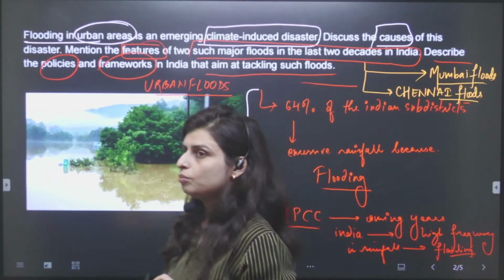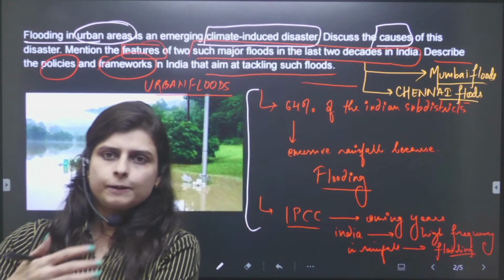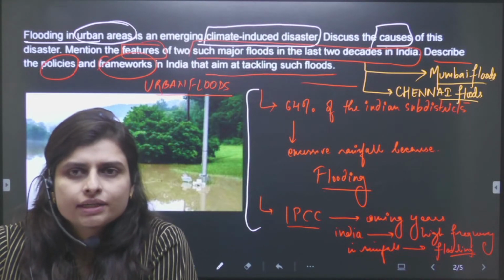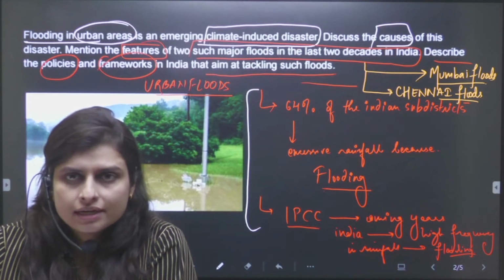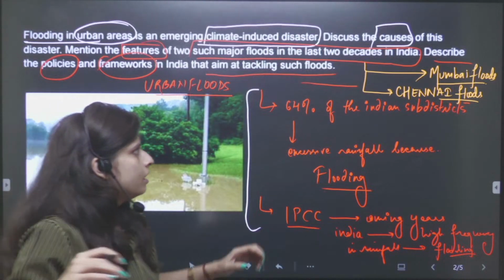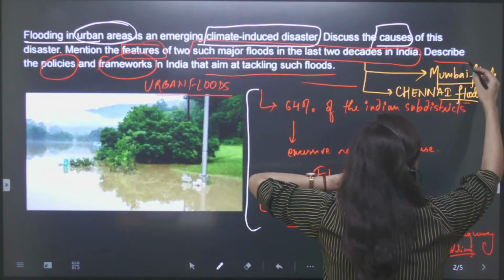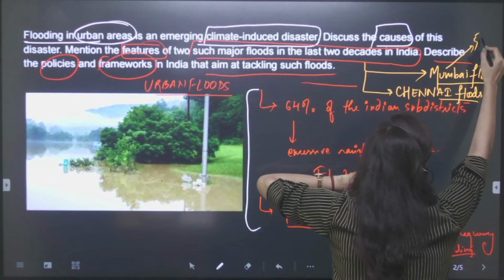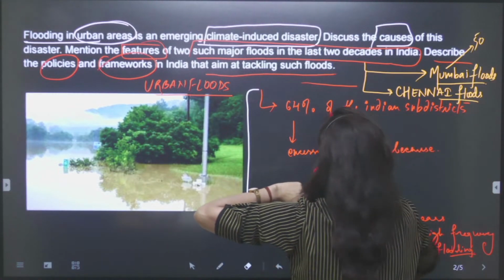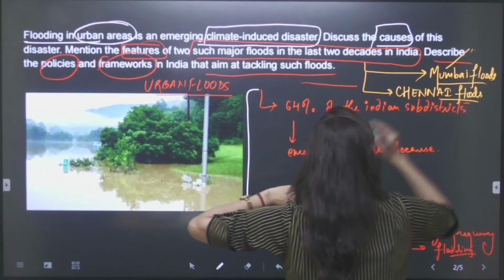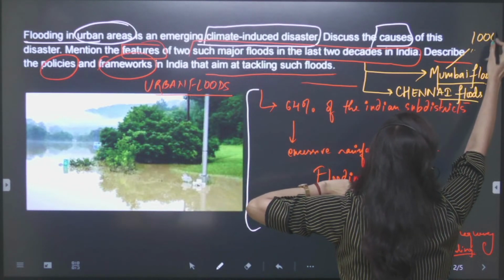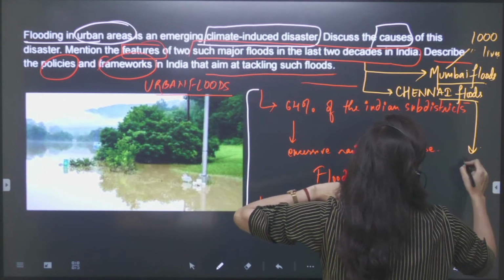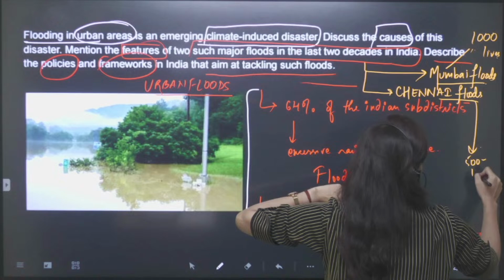Now, both incidences had a very catastrophic impact on the country. Why? Because in both floods, separately, there was close to a loss of 1000 lives here, and again close to 500 to 1000 lives here.